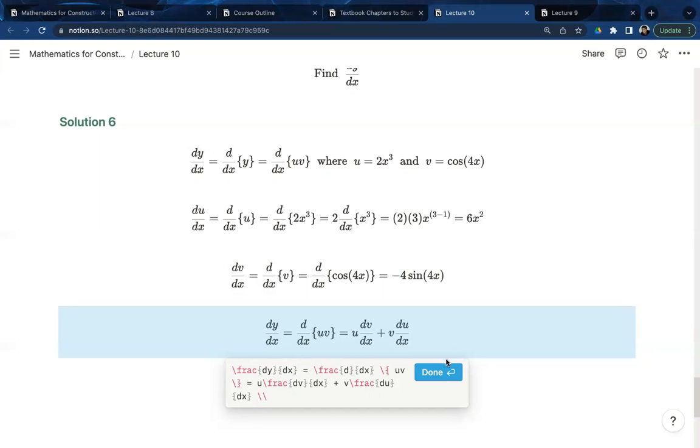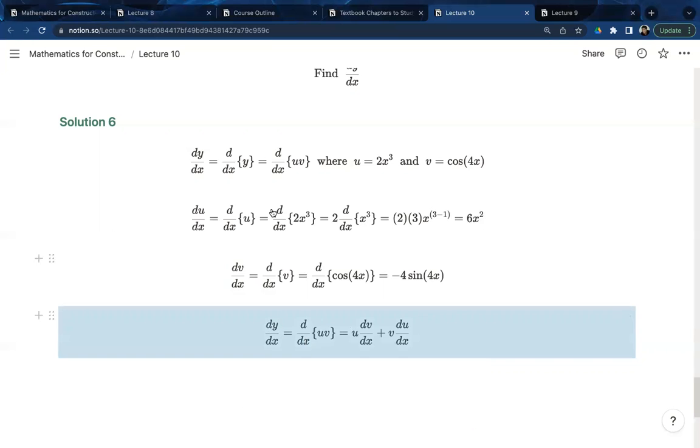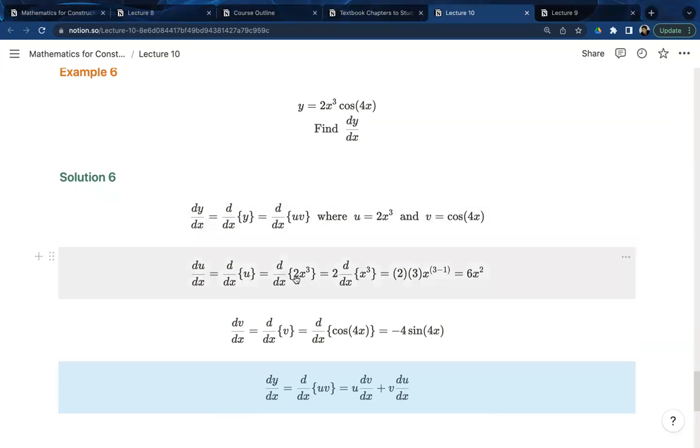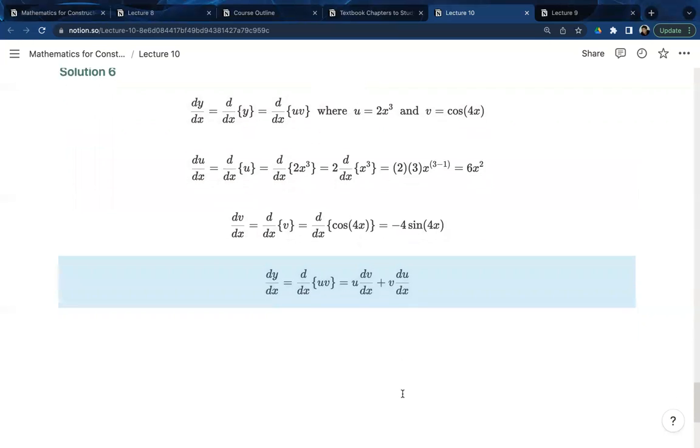So dy dx, y is uv, right? We said here y is uv, where u is that and v is that. So we substitute into this formula here.